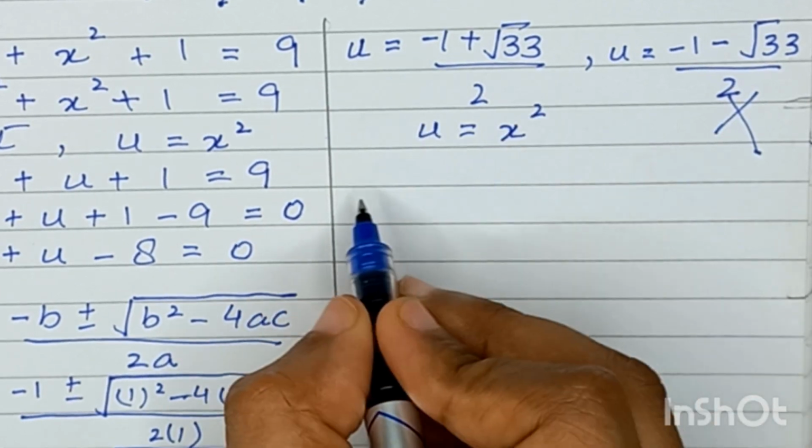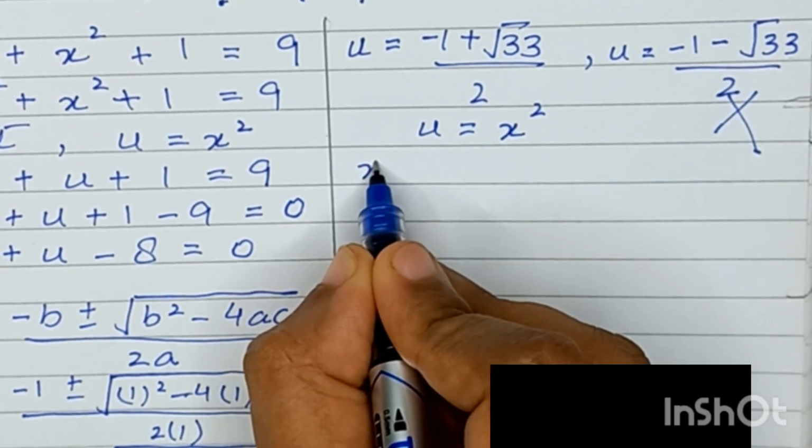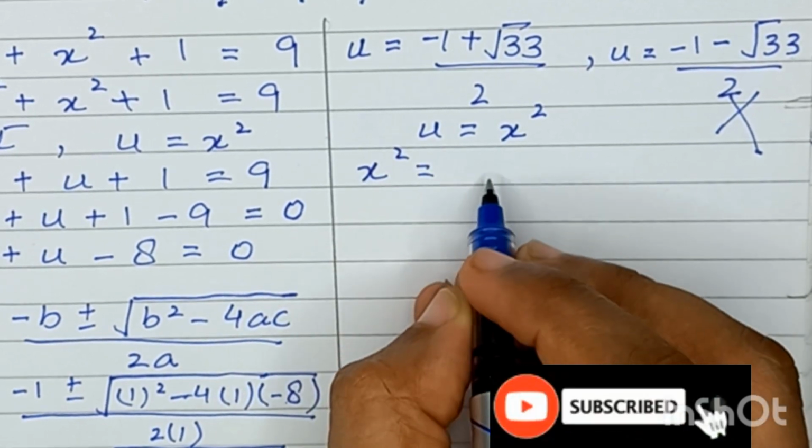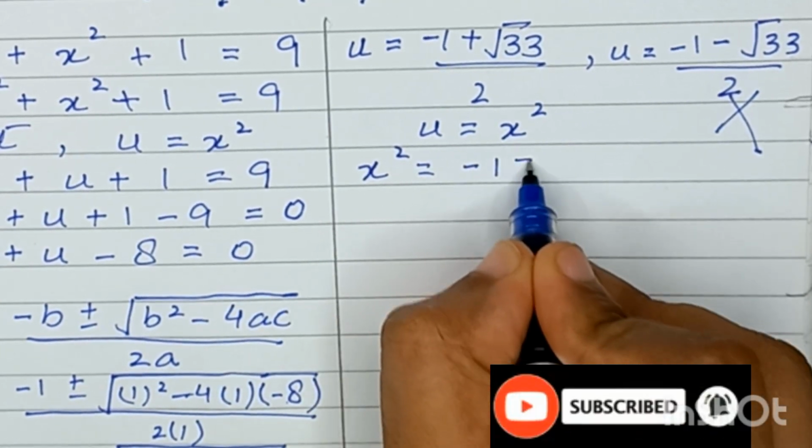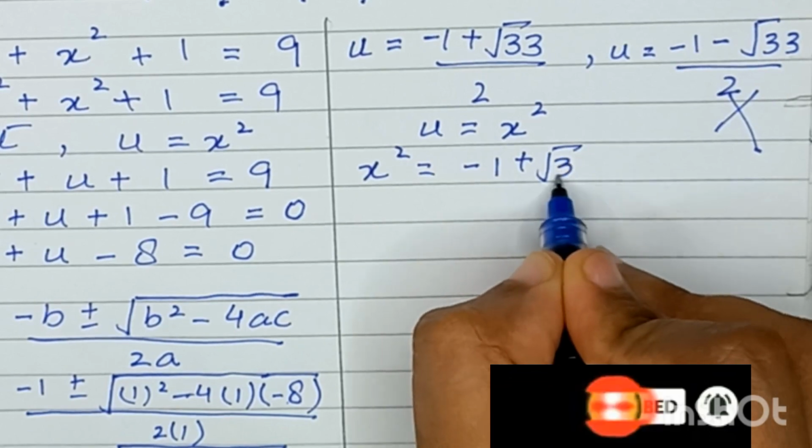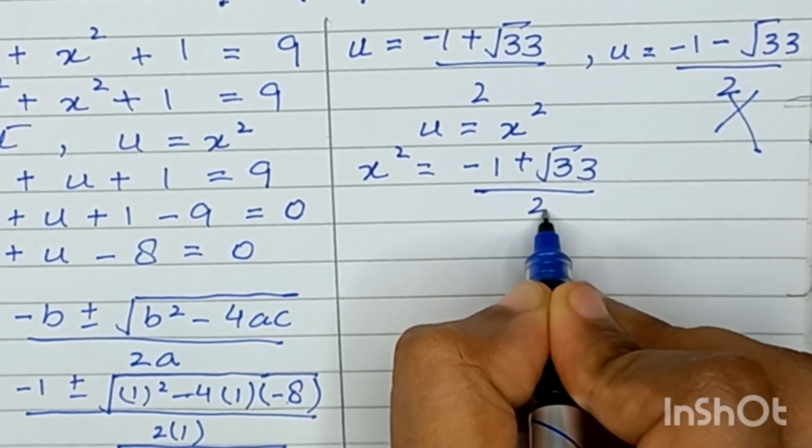So x^2 is equal to (minus 1 plus square root of 33) divided by 2.